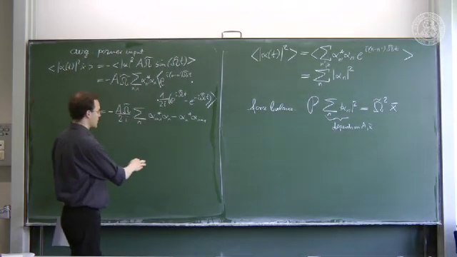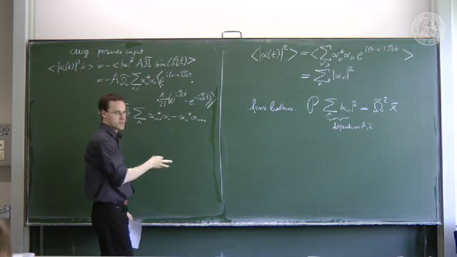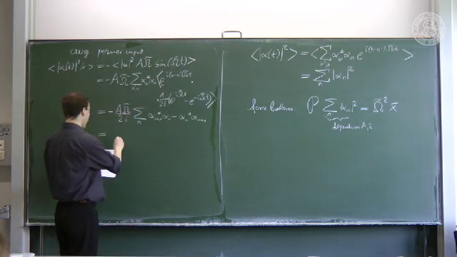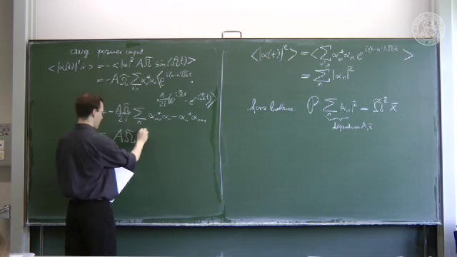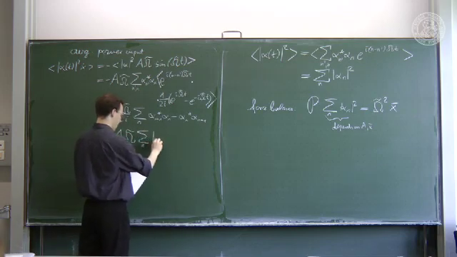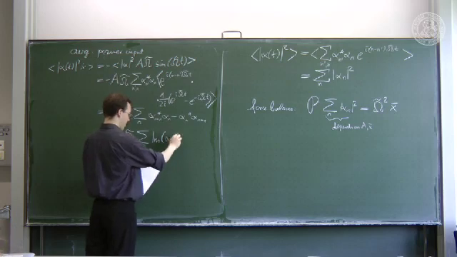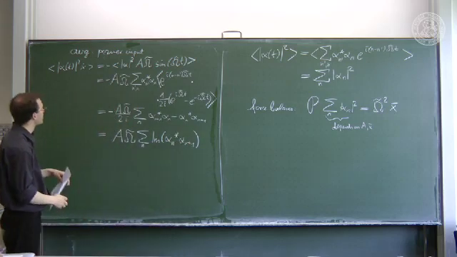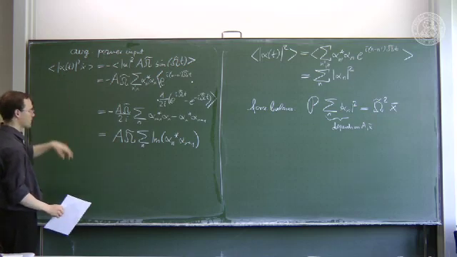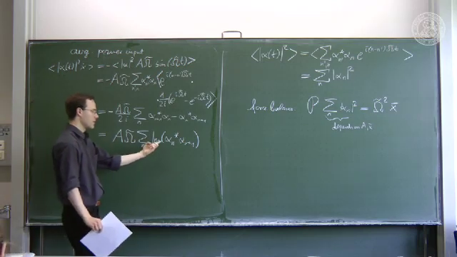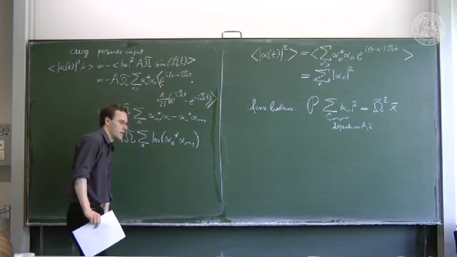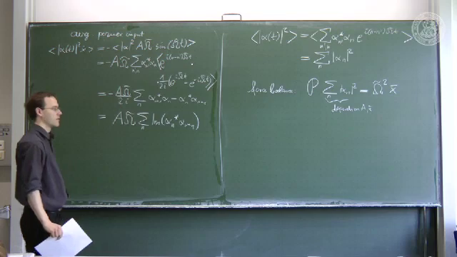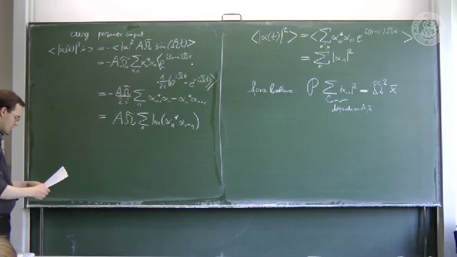And now this is basically a quantity minus its complex conjugate, so it's the imaginary part of a complex number. So this is the most compact expression I can give for the average power input. Again, the Fourier amplitudes alpha depend on the amplitude A and the offset x bar.